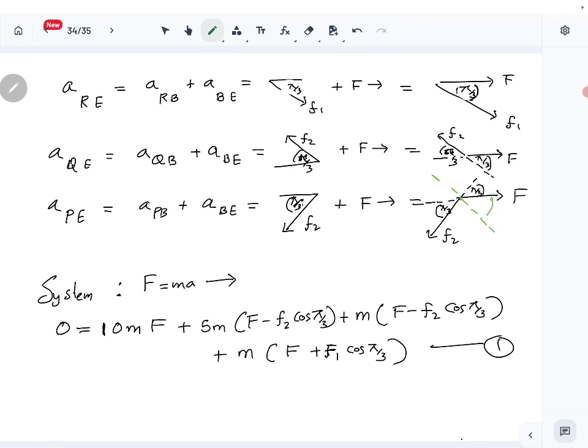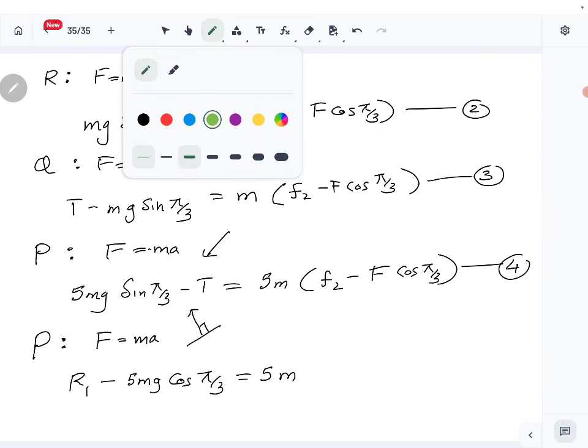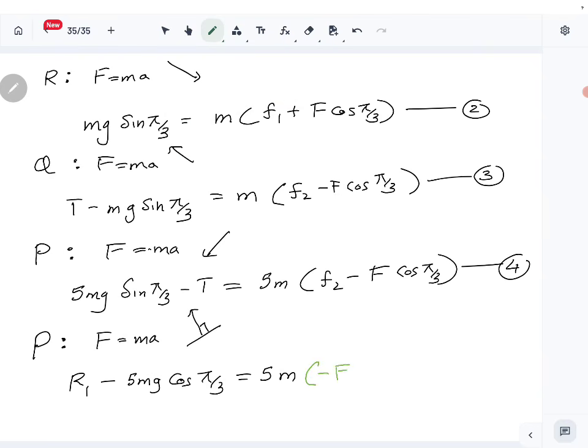That is going to be F sine pi over 3, and it is pointing down. Yes, so then I'm taking perpendicular up as positive, so minus F sine pi over 3, right?